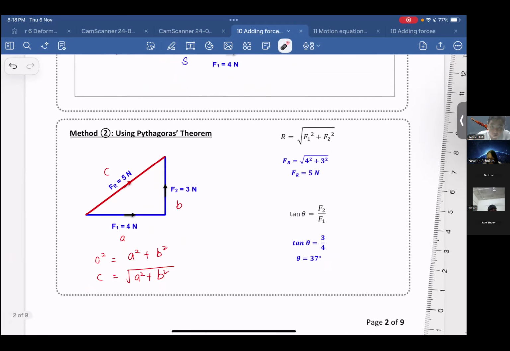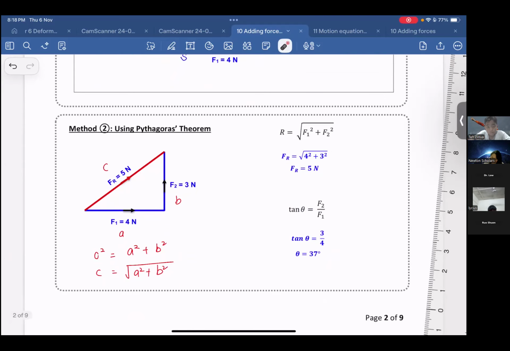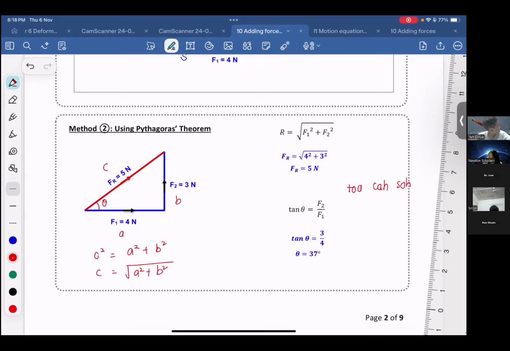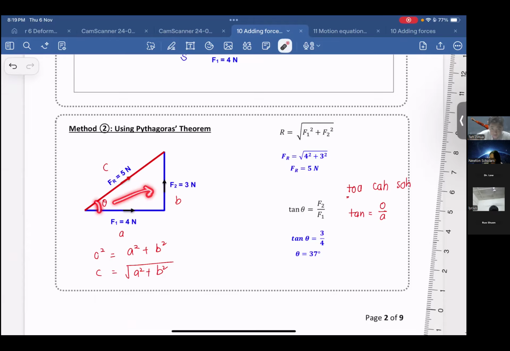Okay, so here, teacher, what is the angle? Okay, can you please label this as the angle that I calculate? Do you know Toa Cah Soh? If you are Malaysian, your teacher teaching you should have told you Soh Cah Toa. Toa, so tangent equals opposite divided by adjacent. So for this angle, the opposite is 3 Newton, so it's 3 over your adjacent.